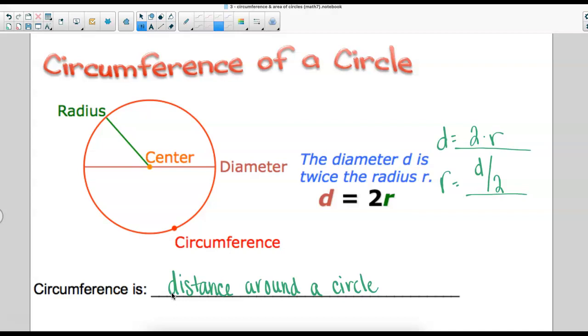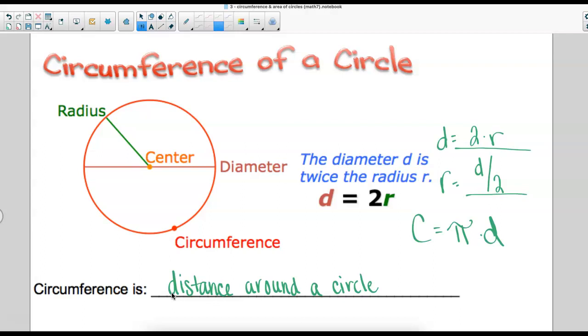You have to understand those relations because when we start finding circumference of a circle, we need a certain formula. To find circumference, and this is on your paper, circumference equals pi times diameter. So C stands for circumference, D stands for diameter.